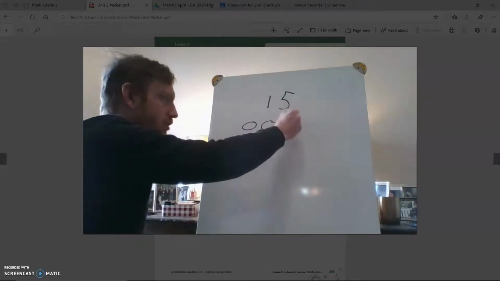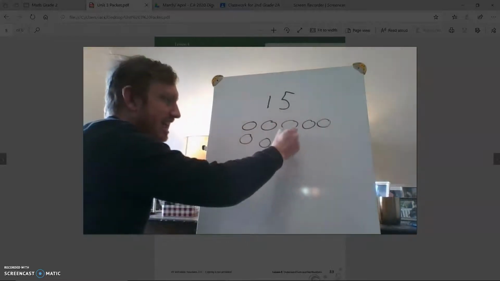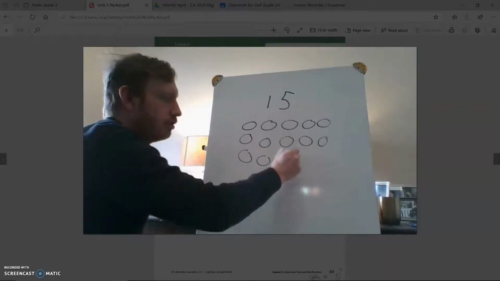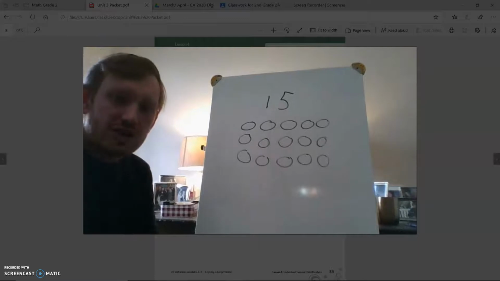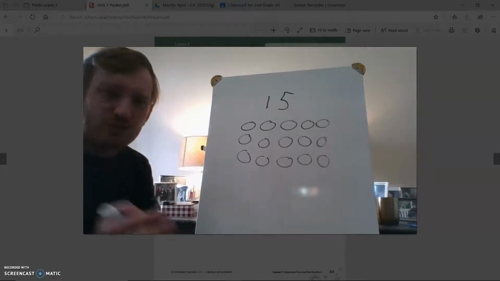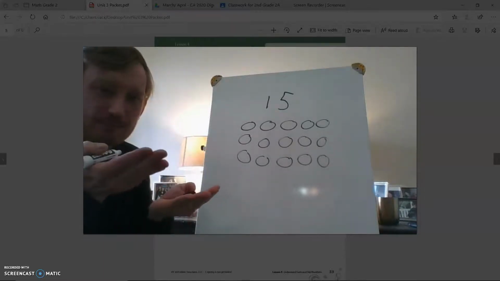1, 2, 3, 4, 5, 6, 7, 8, 9, 10, 11, 12, 13, 14, 15. So now our question here is, can we make them into 2 equal groups? Because remember, in order for something to be even, it means that you can make one group and the second group be exactly the same.